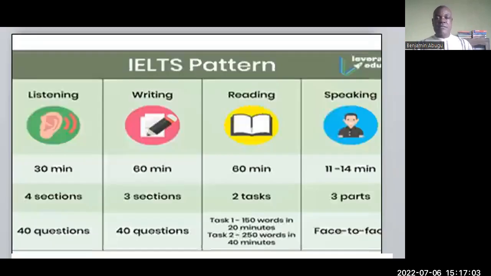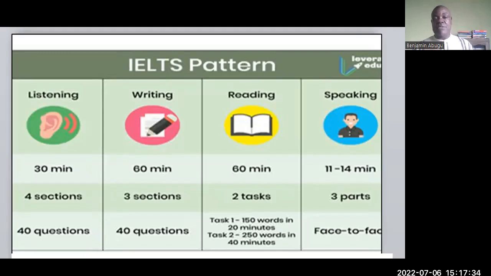Now, let's take a closer look at the pattern. The same 4 modules are displayed if you look at the infographic on your screen right now. Now, listening is taken within 30 minutes. Then you have 4 sections and 40 questions. Writing has 60 minutes allowed for the test.